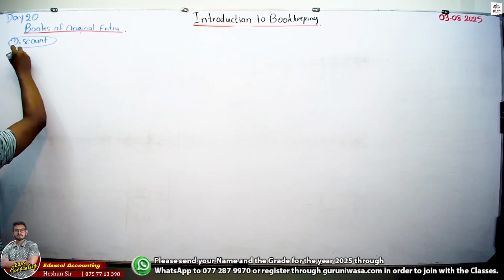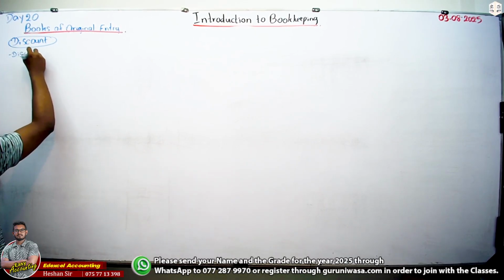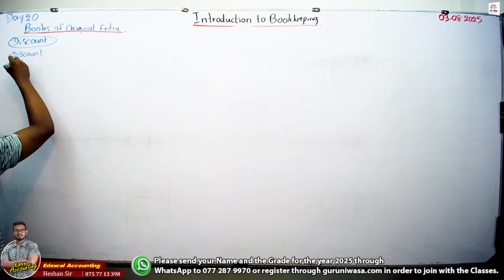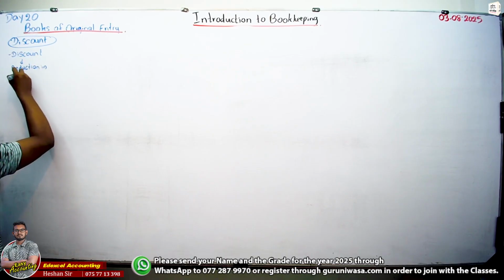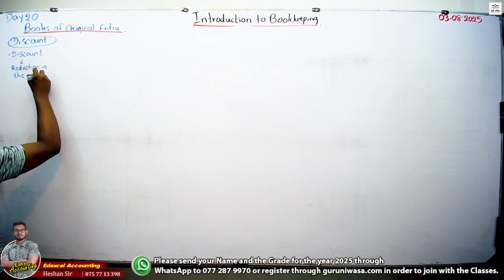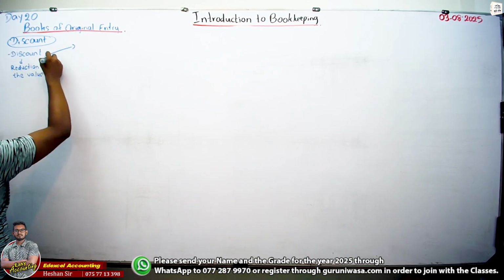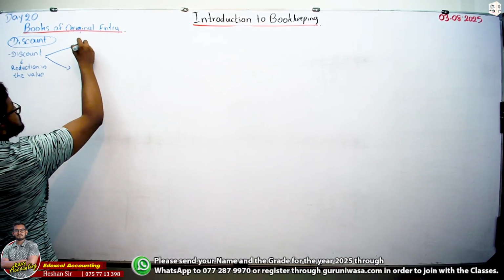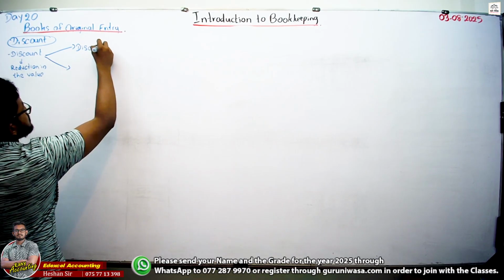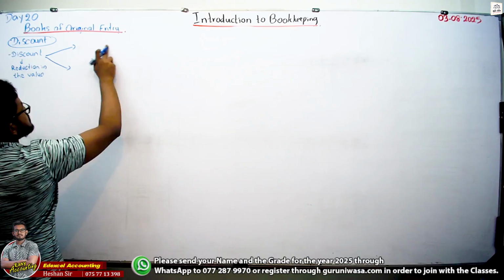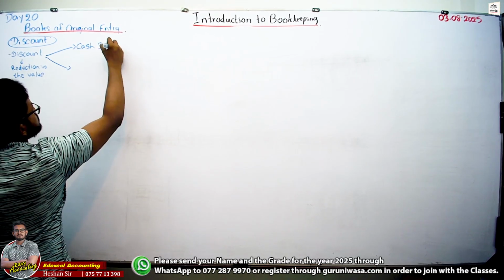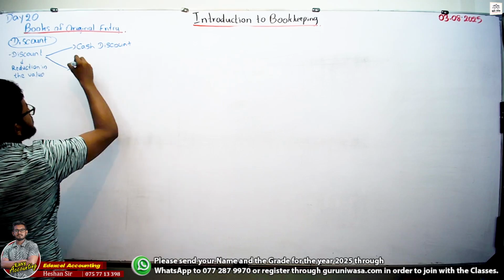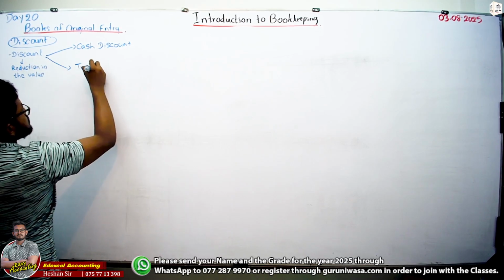Discount means reduction in the value. There are two types of discounts: cash discount and trade discount.